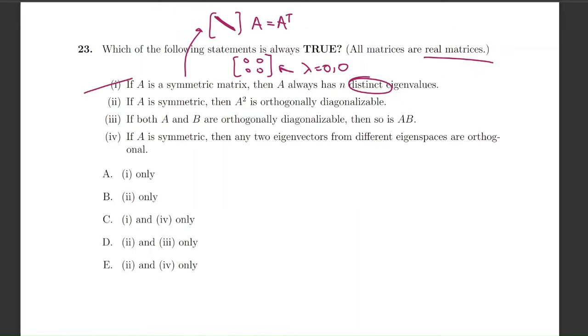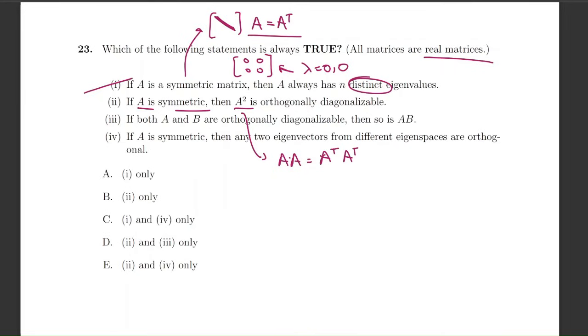If A is symmetric, then A squared is orthogonally diagonalizable. From the spectral theorem, we know that if a matrix is symmetric, then it will be orthogonally diagonalizable. So is A squared orthogonally diagonalizable? A squared is A times A, and because A is symmetric, A equals A transpose, so A times A is equal to A transpose times A transpose.